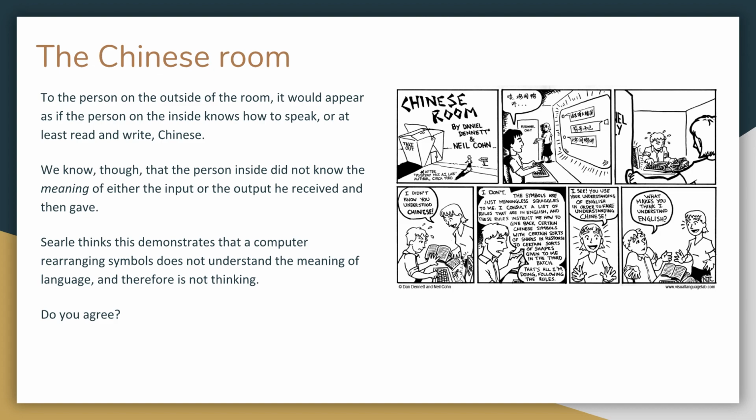If you think that this thought experiment defeats the Turing test, it shows that a computer doesn't understand the meaning of the language. It's just manipulating symbols. So outside behavior can't be the only metric for thinking. That was the goal of the Chinese room experiment.